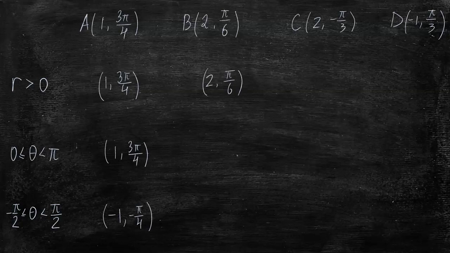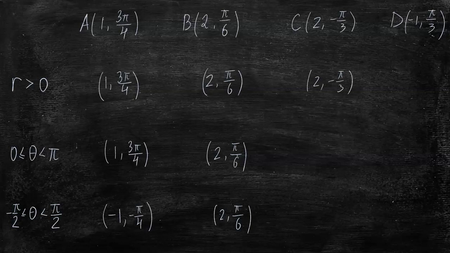When the point is in the first quadrant, it satisfies all the standards that we have proposed here, so we don't have to do anything. Here r is positive, so we don't have to do anything.